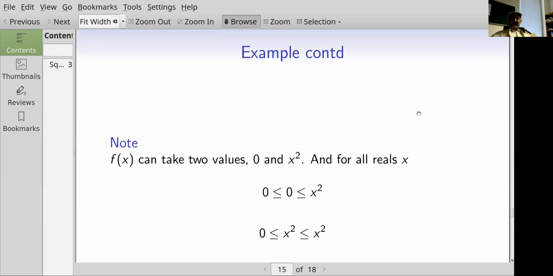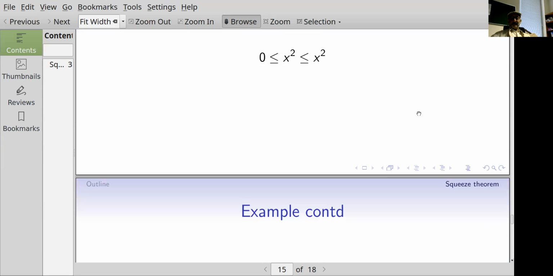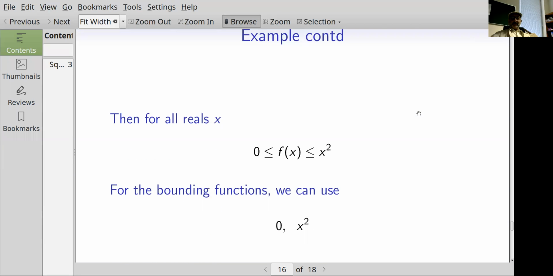We also have that 0 is less than or equal to x squared, and x squared is less than or equal to x squared. So the two possible values of f of x are trapped between 0 and x squared. So I can write that 0 is less than or equal to f of x is less than or equal to x squared for all reals x.